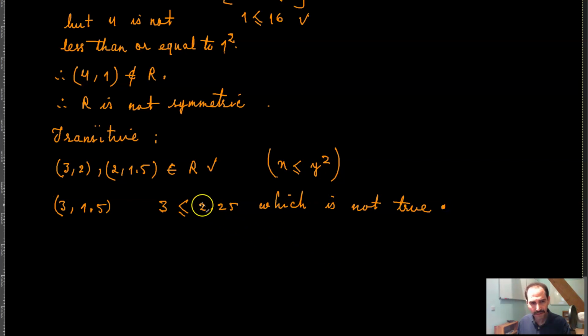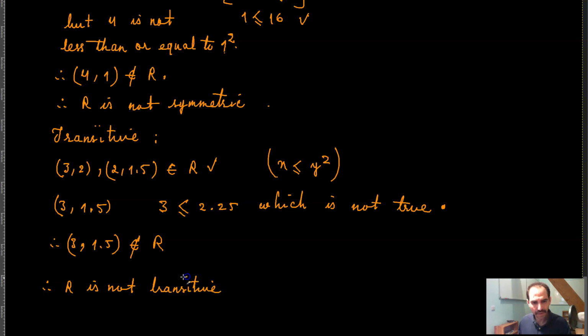So that means that 3, 1.5 does not belong to R, although 3, 2 and 2, 1.5 do belong to R, which means that R is not transitive. Okay.